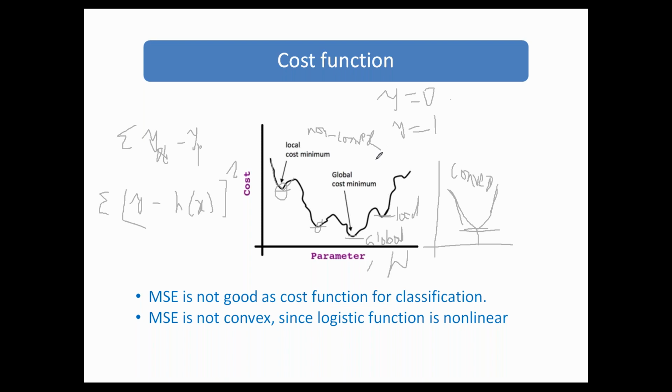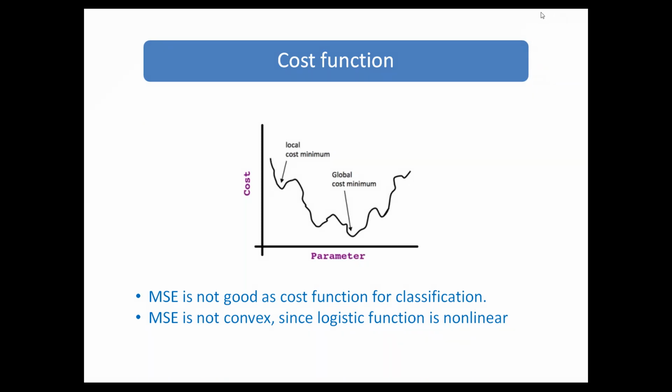We have to select a cost function such that the relation between cost and the parameters is a convex function. Such a function is called the likelihood function. So here you will take another kind of classification cost function. This is the cost function in this classification.